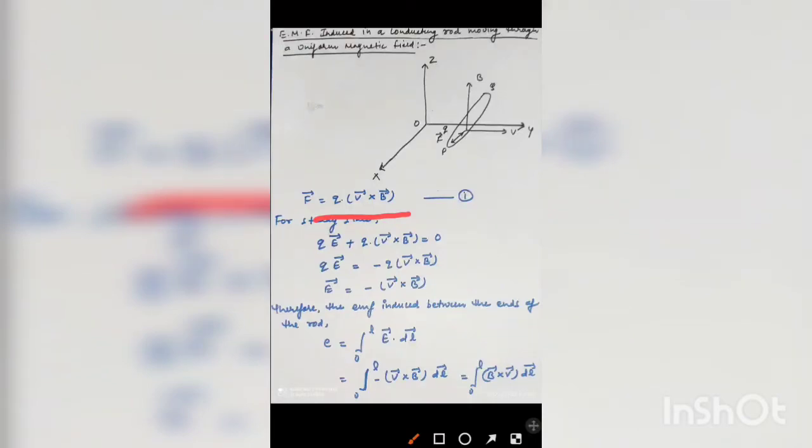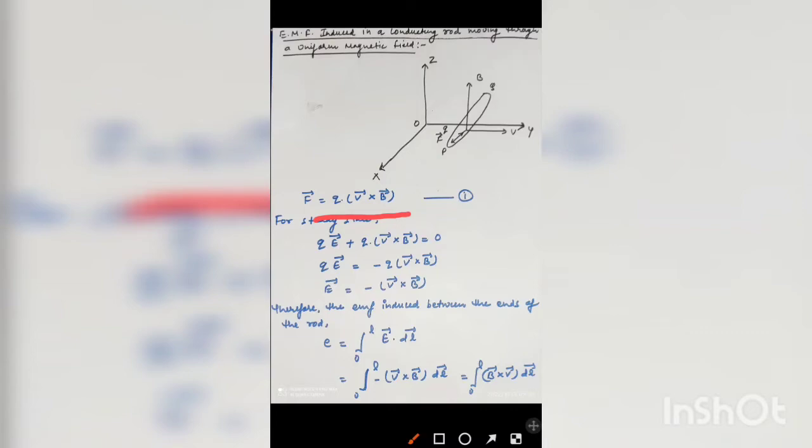This separation of positive and negative charges continues until an electric field E is developed inside the rod, whose force balances the magnetic force F, which is q v cross B, and this is known as Fleming's left hand rule.